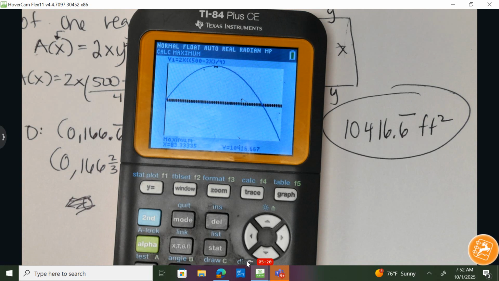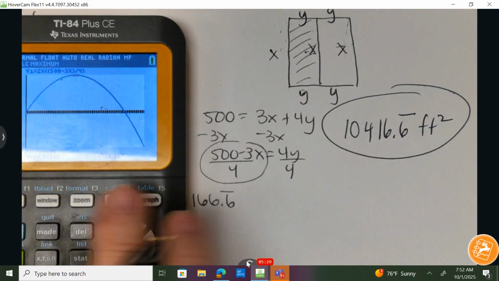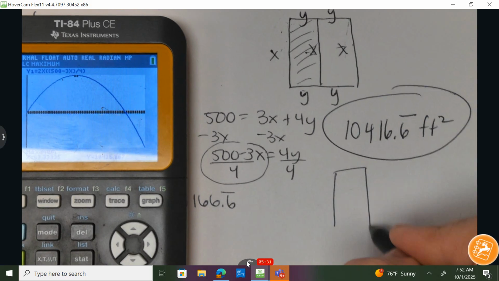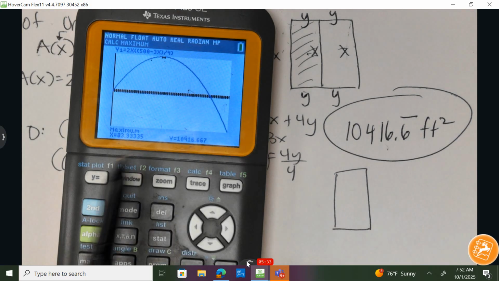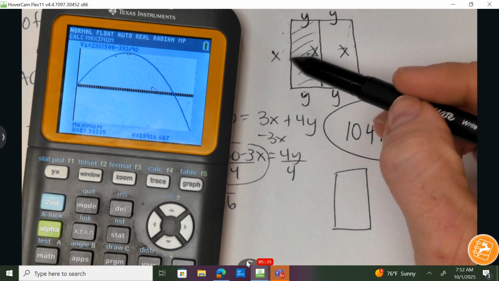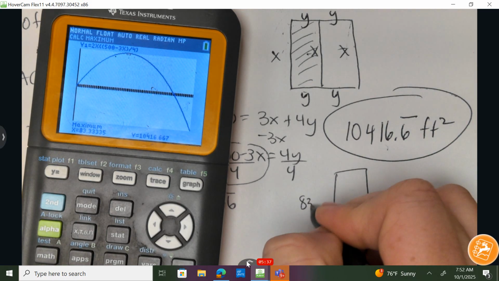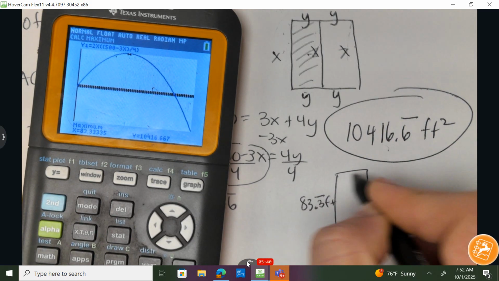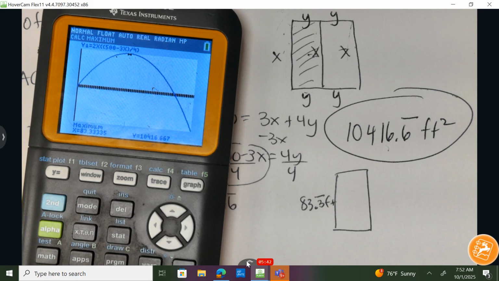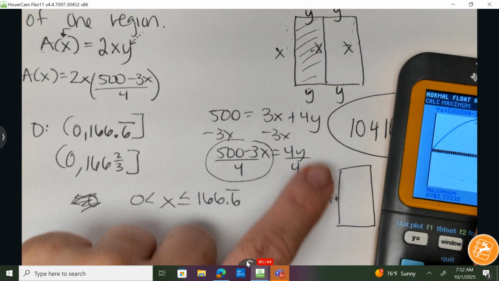And lastly, what are the dimensions of one rectangular region when you maximize the area? So I'm looking at this right here, and I know that my x when I maximize will be 83.3 repeating. So I find out where x is. This is 83.3 repeating feet. Now how do I figure out the y? There's a couple different ways, but I believe this is what y equals, right?